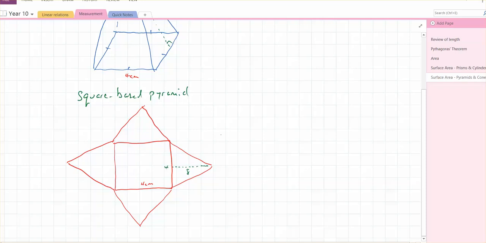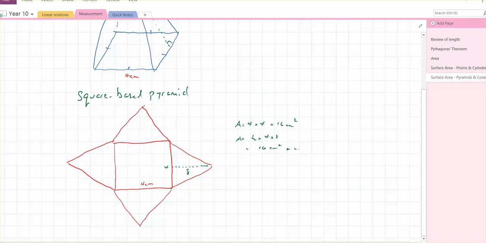Then we would be able to say, well, this is 8 centimeters, this is 4. So my areas would be 4 by 4 for the square, which is 16 centimeters squared. And for each of the triangular faces, of which there are 4, my area is a half times base times height, which is equal to 16 centimeters squared also.